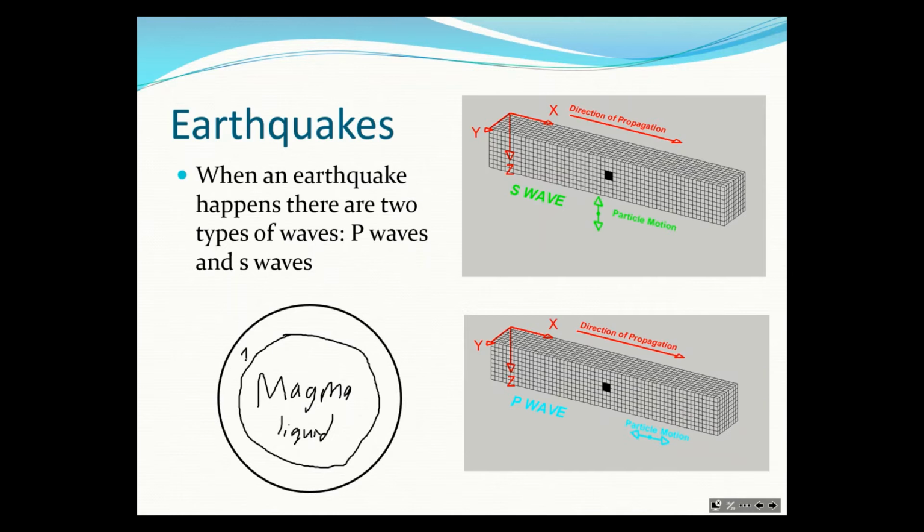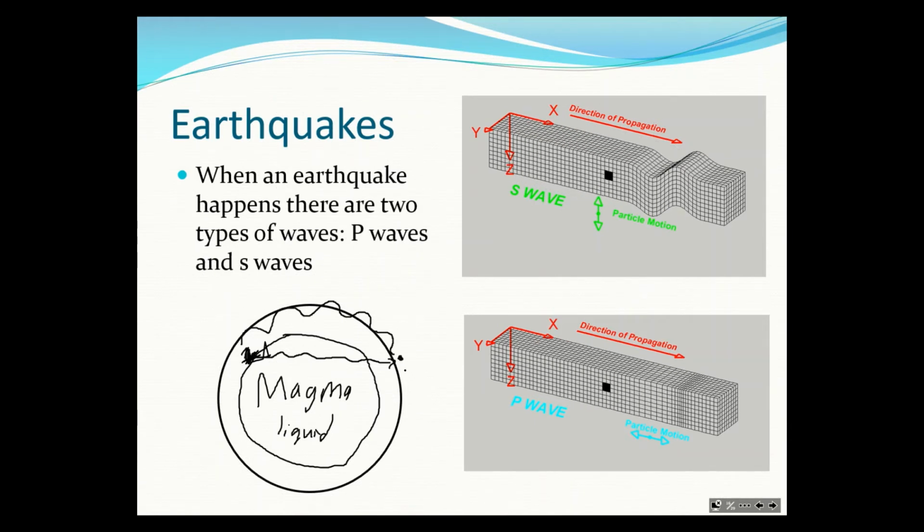So if there's a fault happen sort of where that magma and the crust meet. So if there's a fault right here, well, the one wave can travel through that magma, and that's the longitudinal wave, but the other wave can't and has to go around the Earth right here.